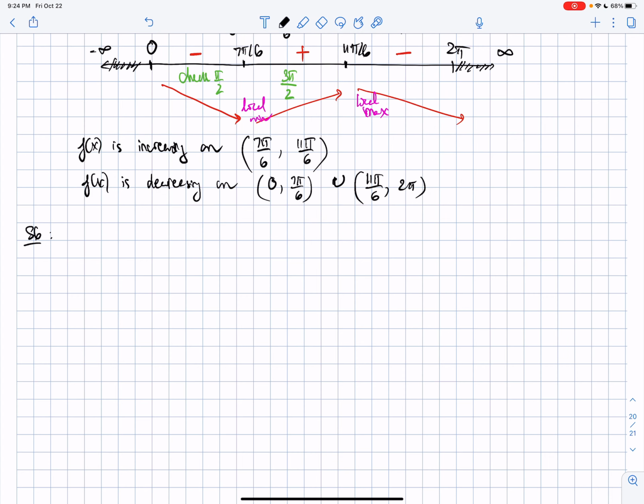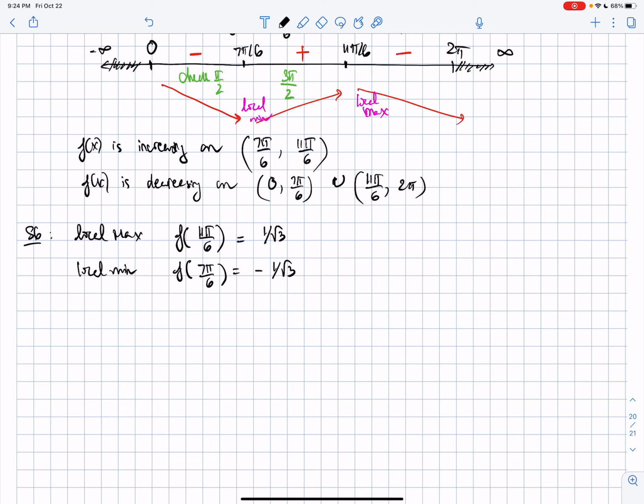Okay, so we will plug in. So local max will be f of 11 pi over 6, and just plug into the function, you will get 1 over square root of 3, and local min, you will plug into the function, you will get negative 1 over square root of 3.